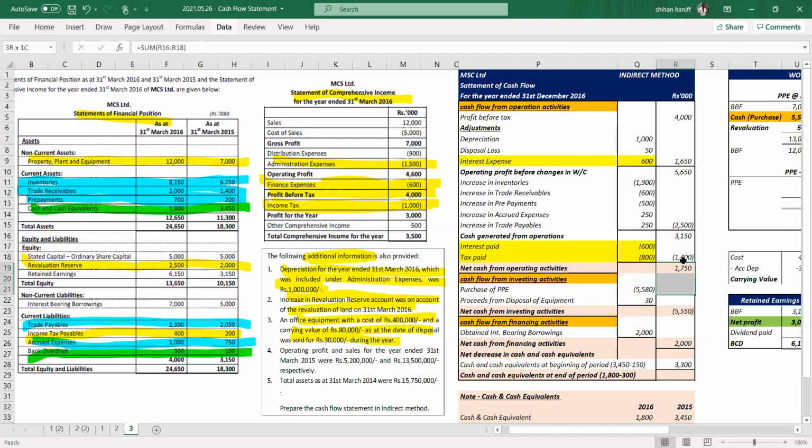So net cash flow from operating activities, investing activities, and financing activities.